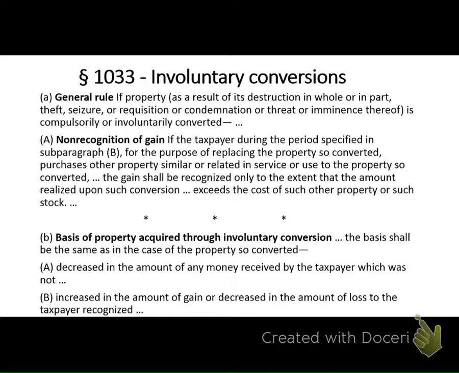Because my property had an adjusted basis of $490,000 and a fair market value of $500,000, and my amount realized, the fair market value of what I received, was $500,000, there was only $10,000 of gain in there. So even though my new property was $20,000 less than the amount that I realized upon such conversion, I can only recognize $10,000.